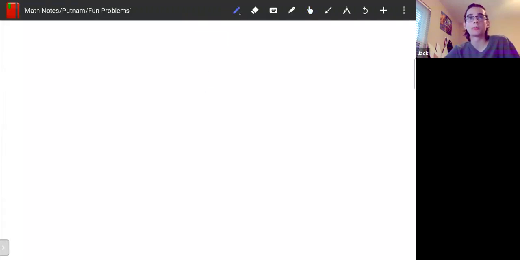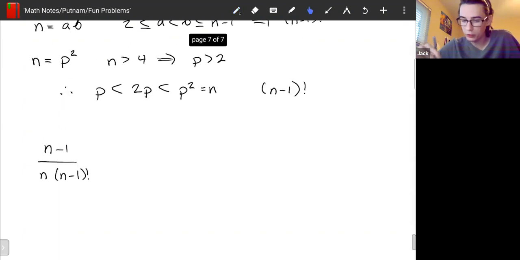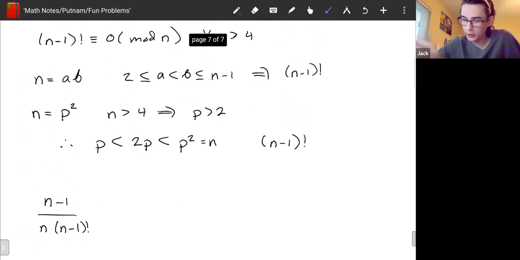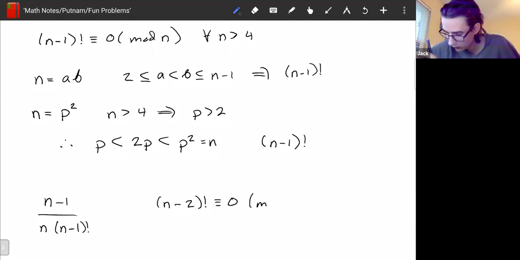So if we look at our original fraction, n minus 1 over n times n minus 1 factorial. By the result that we just sketched out, instead of using n, if we use n minus 1, we'll get that n minus 2 factorial is going to be congruent to 0 mod n minus 1.